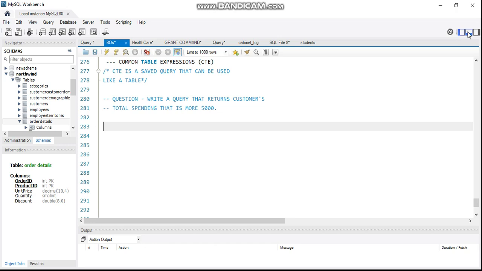The first thing to do here is to write your select statement. We want to look at the customers that have spent more than 5,000, right? What we're going to be using is the customer ID.